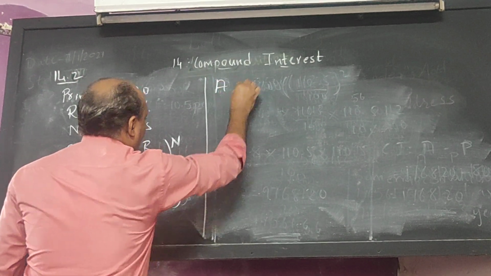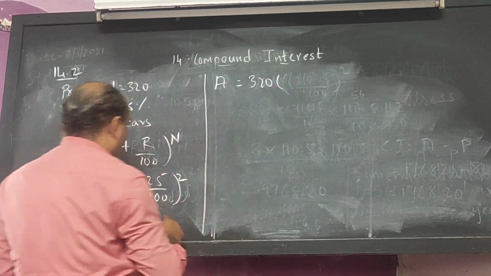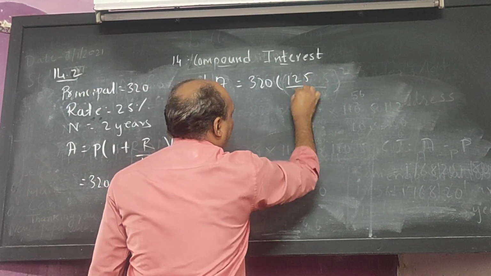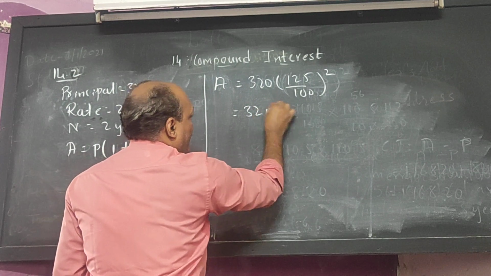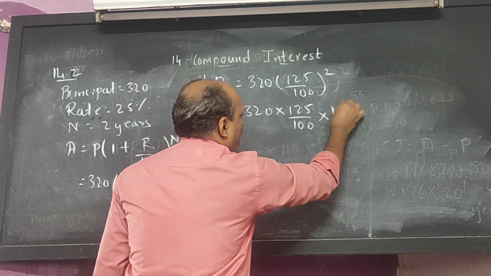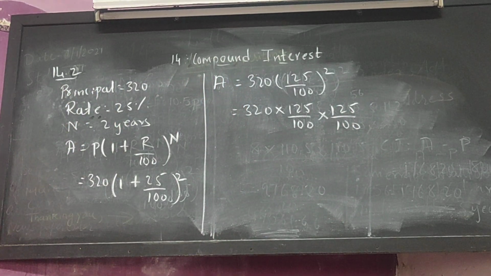Amount is equal to 320 into (100 plus 25, that is 125 upon 100), that is 320 into 125 upon 100 into 125 upon 100. This is the calculation part. I hope you know how to do the calculation.